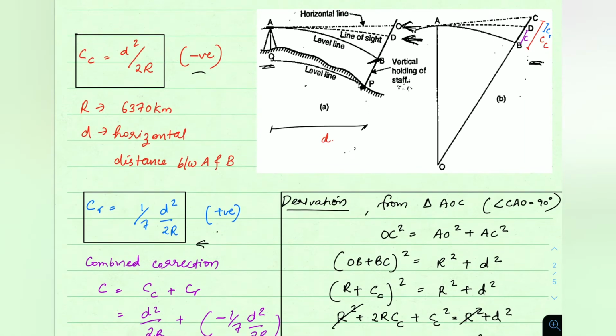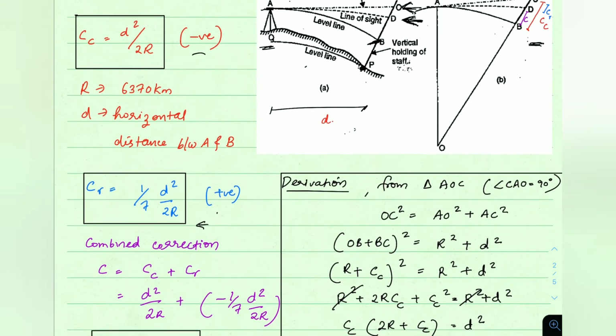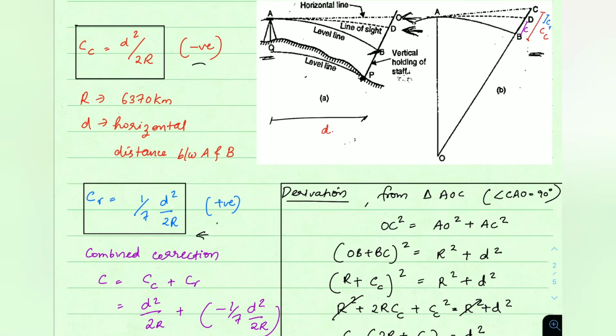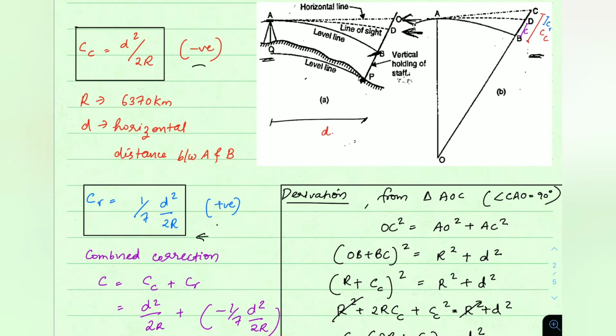If you just forget how you arrive at this, here is a simple derivation which will make you know how to do this. See in this figure, angle OAC is 90 degree. So we'll have hypotenuse as OC. OC square is equal to AO square plus AC square. Here OC means OB plus BC. So OB is radius of Earth, R, capital R, plus BC is our correction due to curvature, CC, squared.